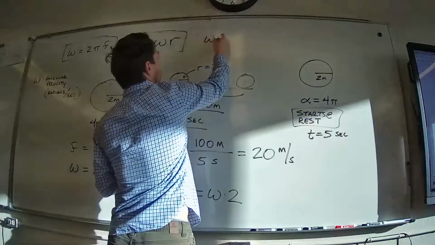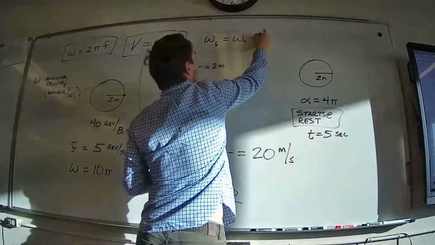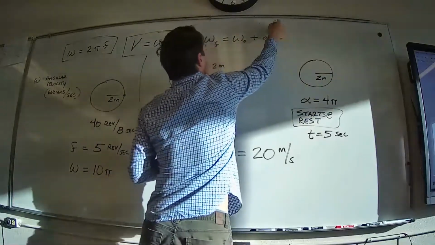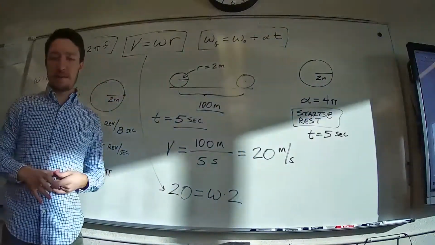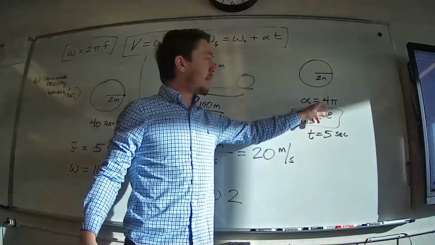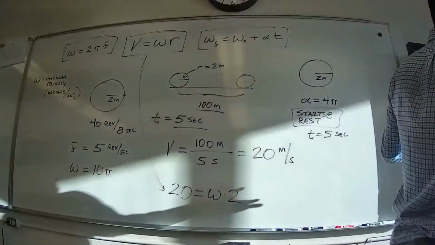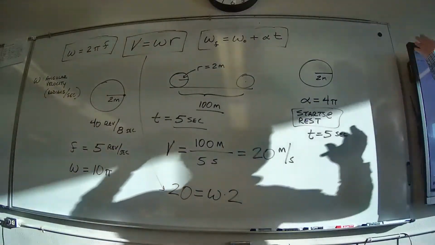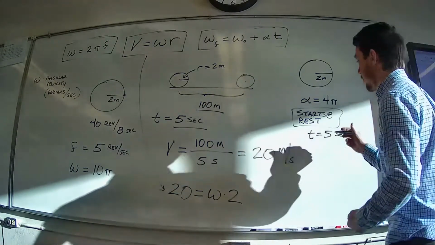You can say your final omega is your initial omega plus alpha times time. You don't need to use that formula because you might just go, well, if I'm gaining this much speed every second for 5 seconds, I'm going to end up with 20 pi, right? And so 20 pi is your final speed, right?